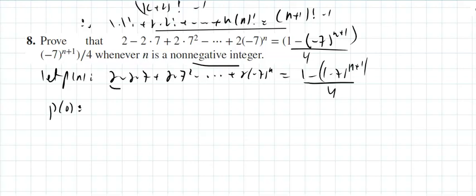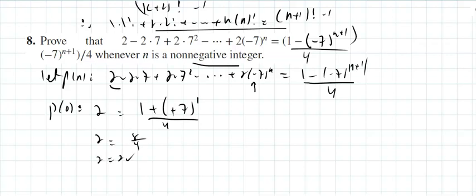P of 0 consists of the first term, or put a 0 there for n. 2 times 1 is 2. The right side, 1 minus negative 7 to the 1 divided by 4. 2 equals 1 plus 7, that's 8 over 4, and 2 equals 2. That one checks.